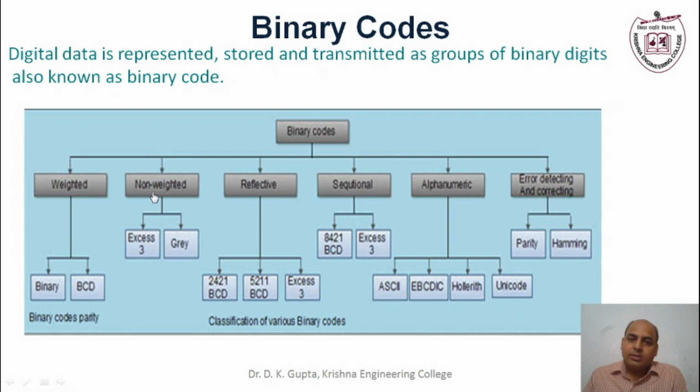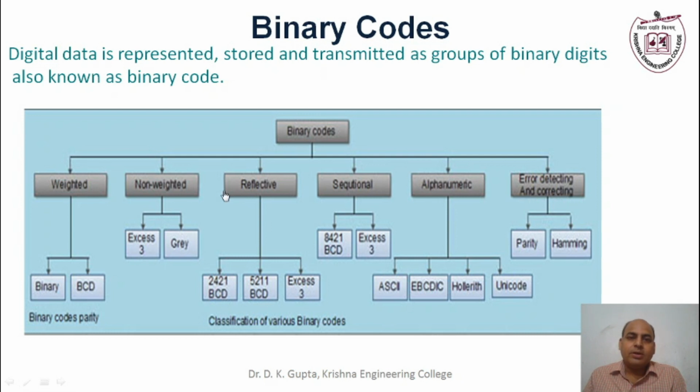Similarly, again there are two categories. Binary codes may be a reflective code or a sequential code. The code may be a purely numeric code or an alphanumeric code. Some of the codes are used for error detection and correction. So we can again classify them as error detecting and correcting codes.